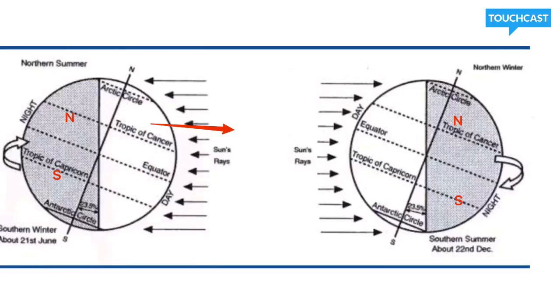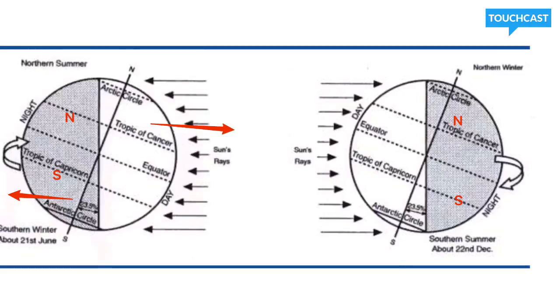And when the northern half is having summer, the southern half will have winter because it is being tilted away from the sun. So that's going to cause the northern hemisphere to get the most direct sunlight, whereas the southern hemisphere is getting less direct sunlight.